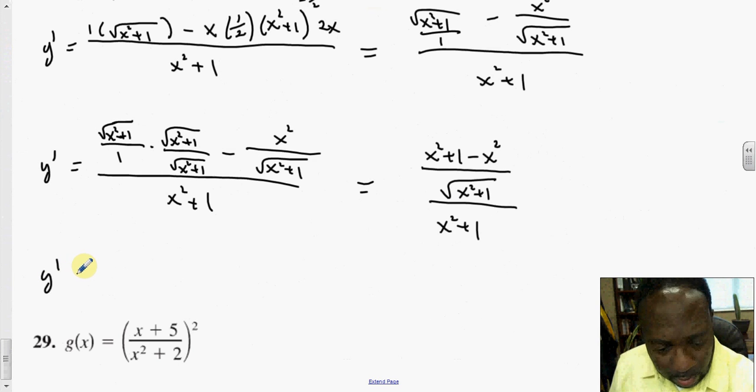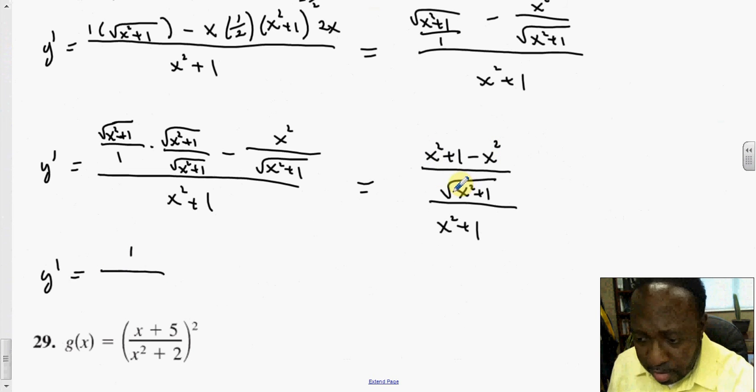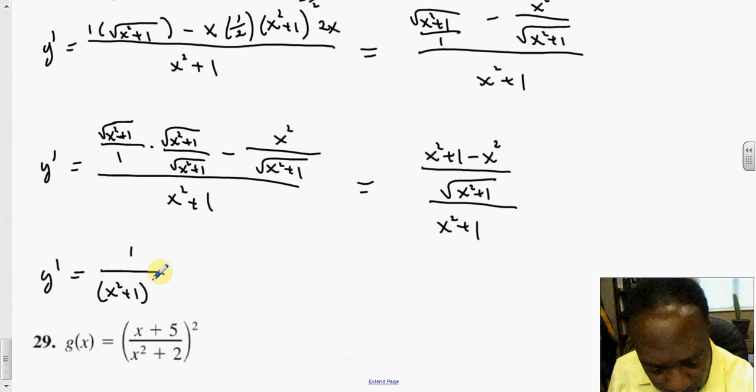And so y prime is equal to, x squared minus x squared cancels out. This is 1 all over the square root of x squared plus 1 and the x squared plus 1. They both merge together in the denominator. So that's x squared plus 1 times the square root of x squared plus 1, which is x squared plus 1 to the 3/2 power, right?